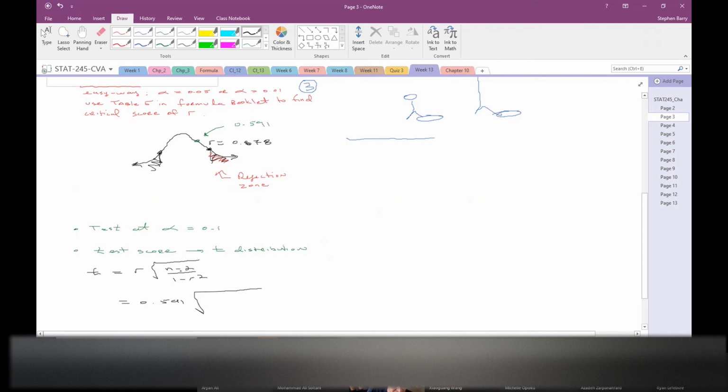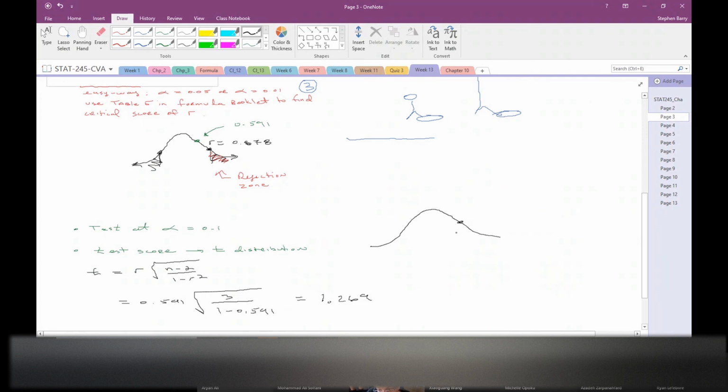Then what do we have here? So n minus 2, so that would be 3. So here I get 1.269. So in other words, now I need to figure out where that thing lies.